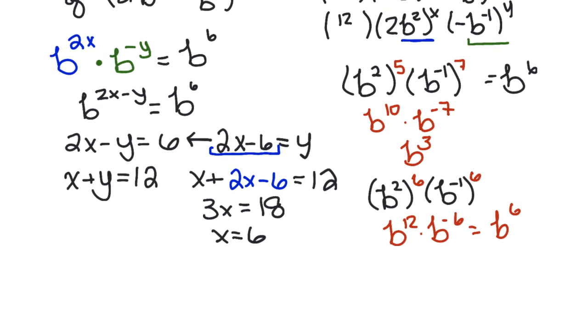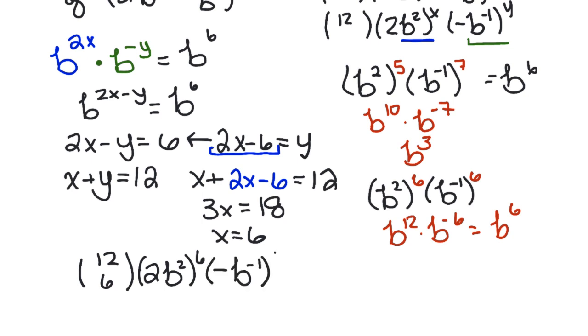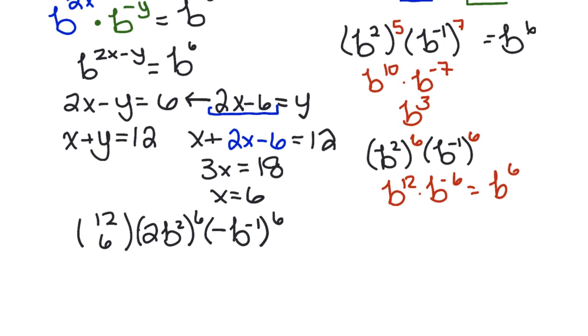So I have 12 choose 6, and then it's 2b squared to the 6th, and negative b to the negative 1 to the 6th.